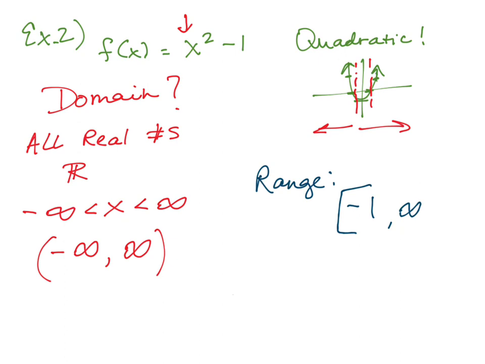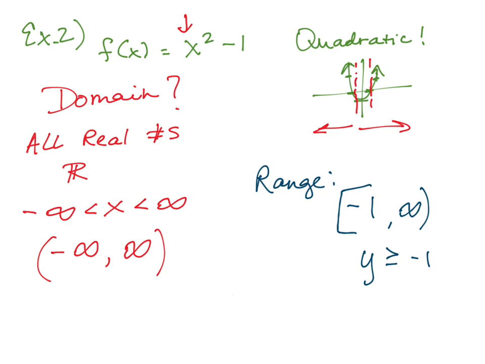And what kind on infinity? Parentheses. Another way to say this would be that inequality where I would say y is greater than or equal to -1. Y is everything bigger than -1. Says the same thing. Could I put all real numbers here? No, because there are some values that I'm not going to output. Any questions on that?